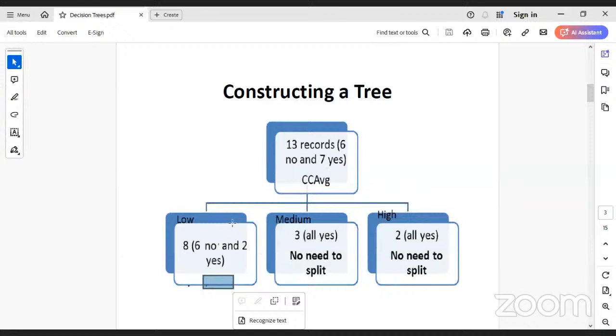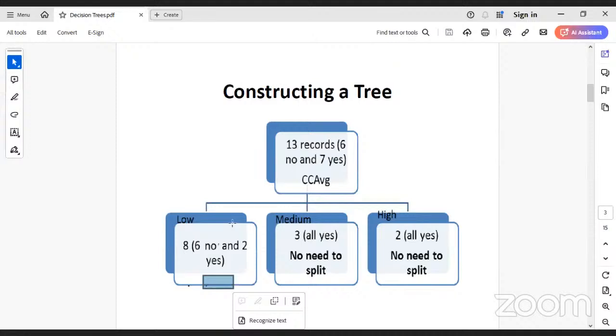So from root node to leaf, it is called a branch. So we have one root node and two leaves, so we have two branches here.